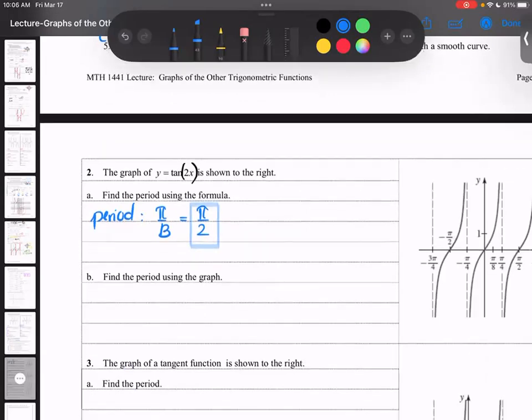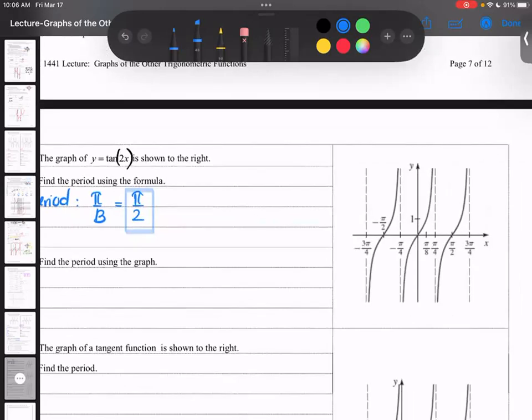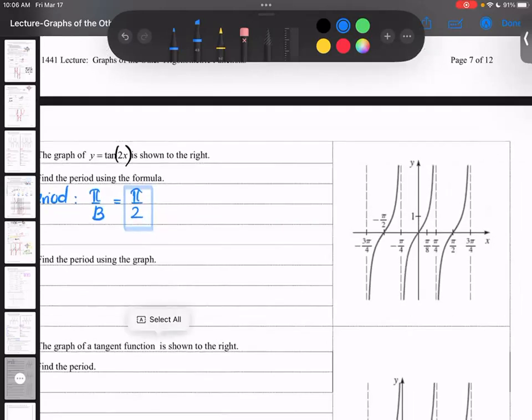Find the period using the graph. Now they want you to eyeball the graph and tell them the period. Pick any two consecutive vertical asymptotes, any at all. Let me pick between this one and that one.